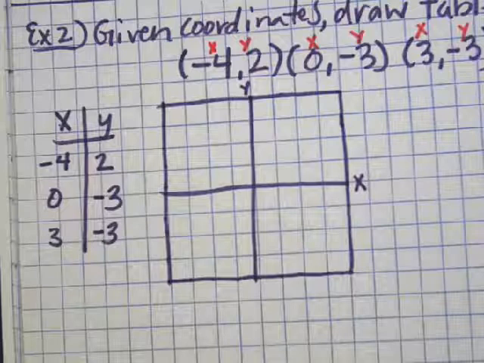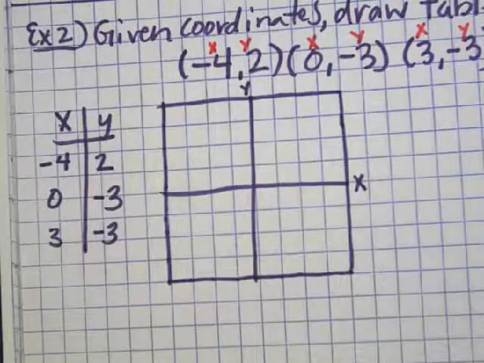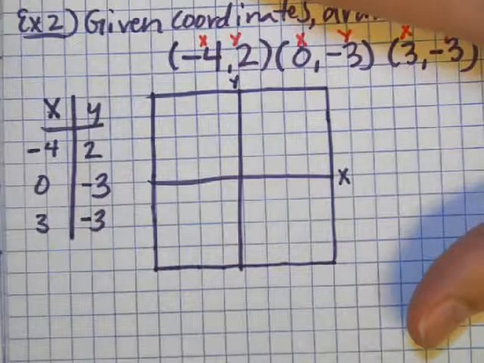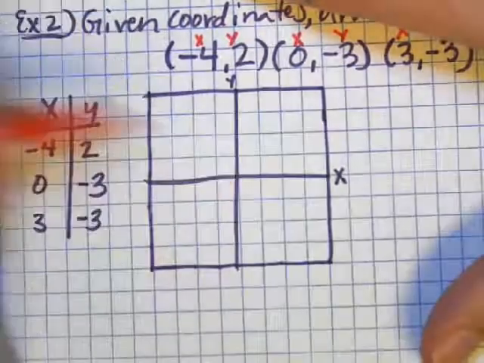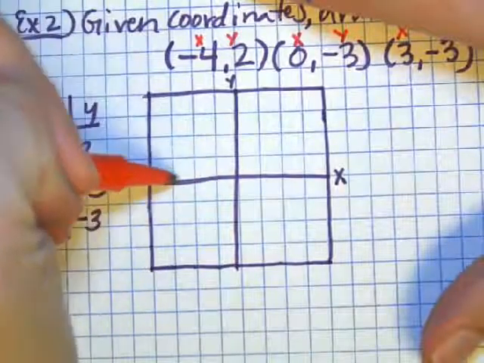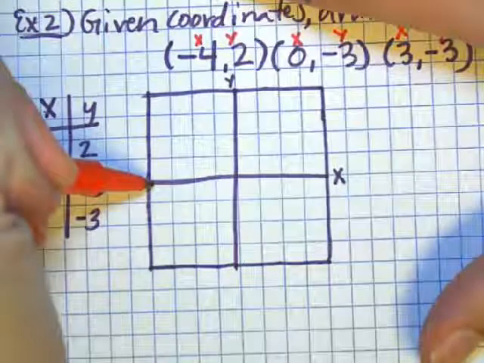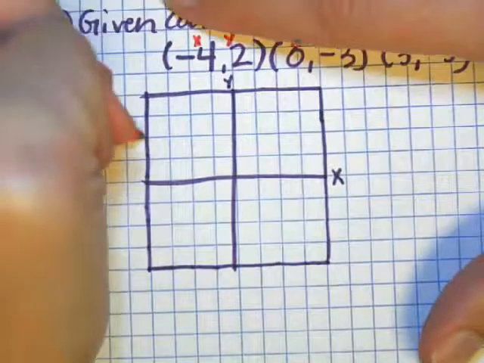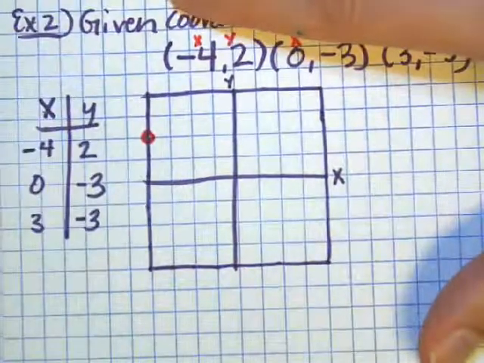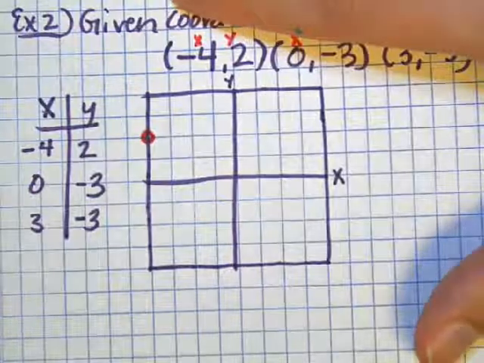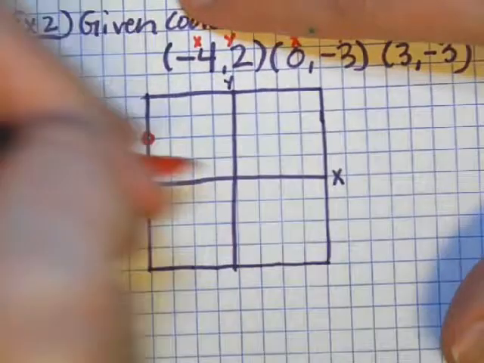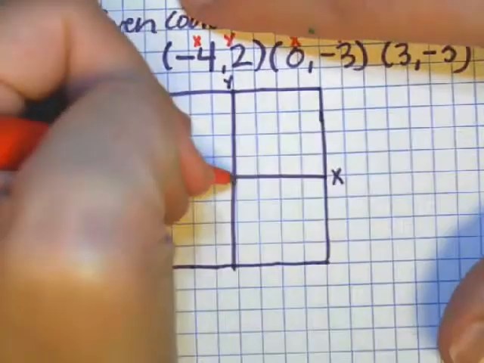Okay, my first point I'm going to plot is -4, okay, and 2. So I start in the middle. X is -4, so I'm going to go backwards 4 on the x, and y is +2, so I'm going to go up 2. My next ordered pair I'm going to plot is 0, -3. So x is 0.